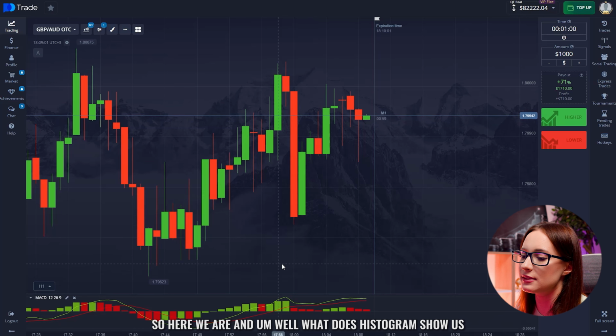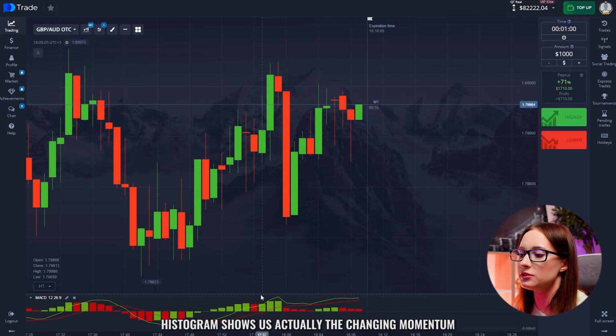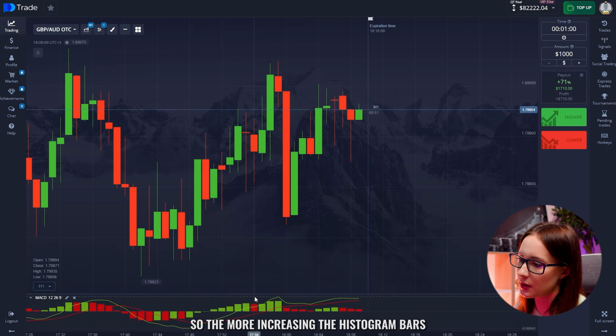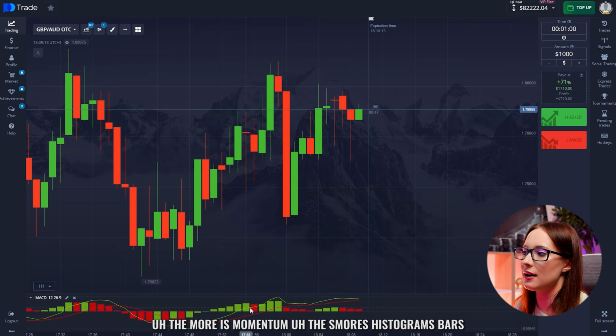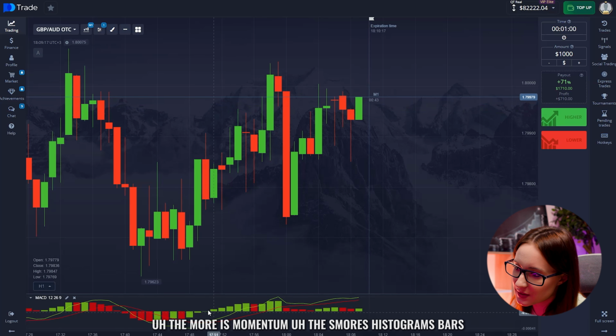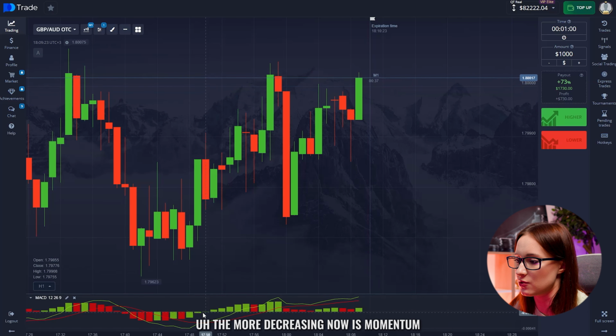So what does the histogram show us? The histogram shows us the change in momentum. The more the histogram bars increase, the stronger the momentum. The smaller the histogram bars, the more momentum is decreasing.